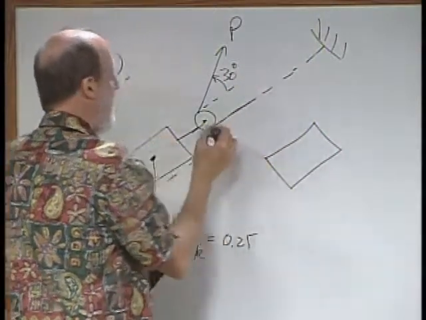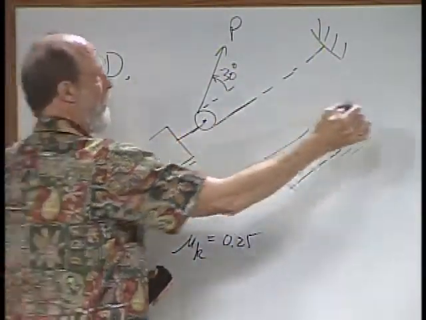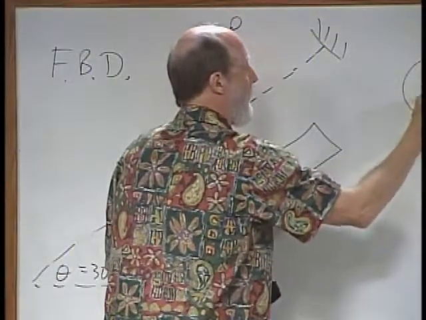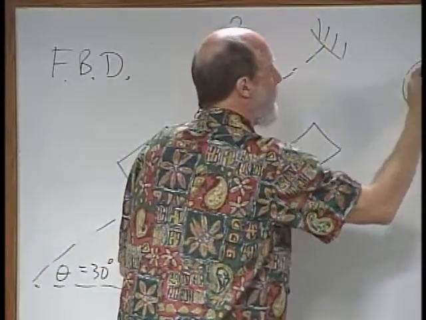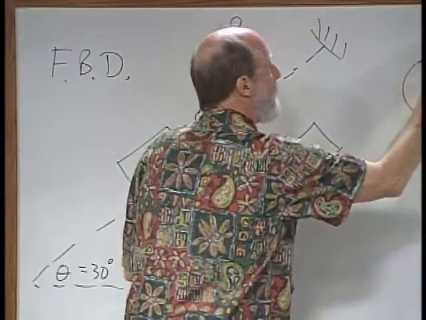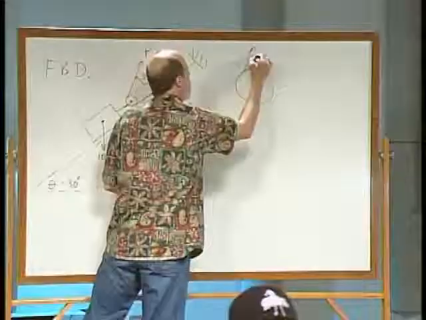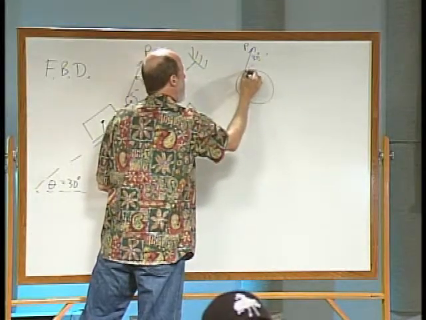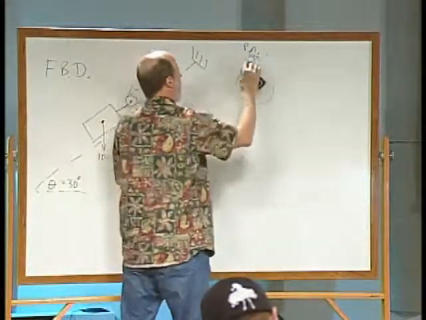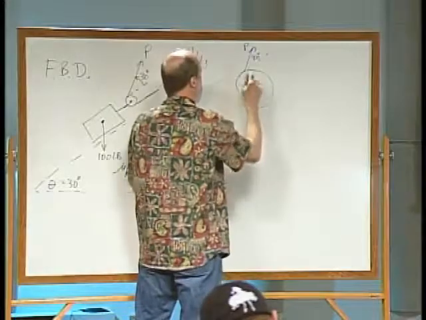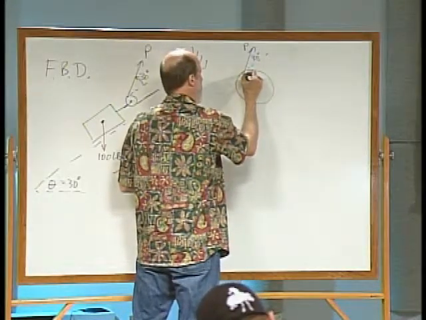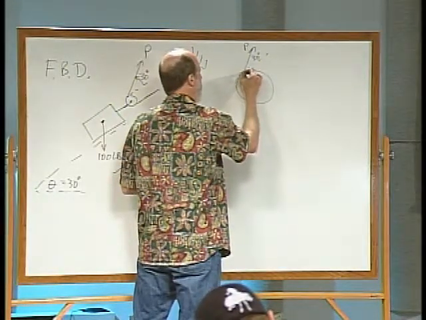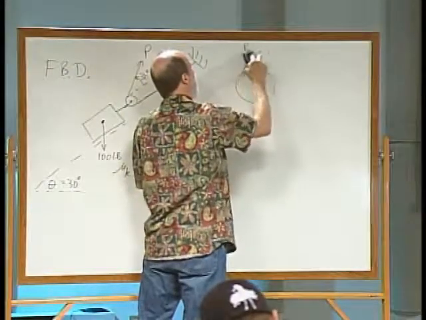Now, let me draw a large picture of the pulley for a second. If the pulley has some tension, force P, coming off of it, it comes in here tangent to the curve. There's a point of tangency there. Let's draw that better.